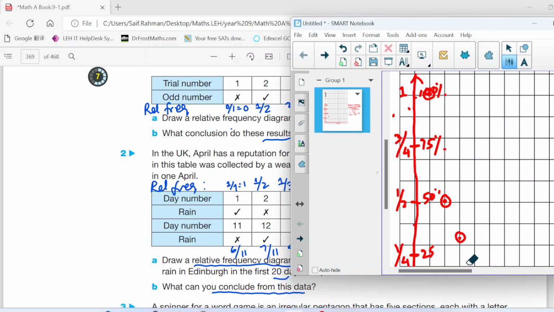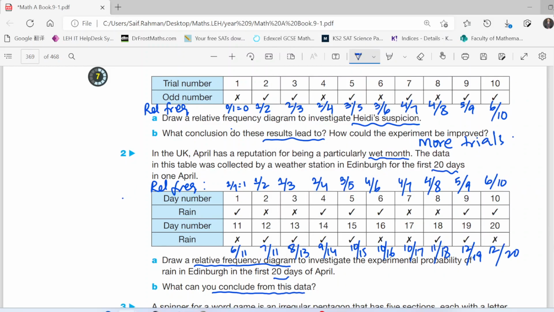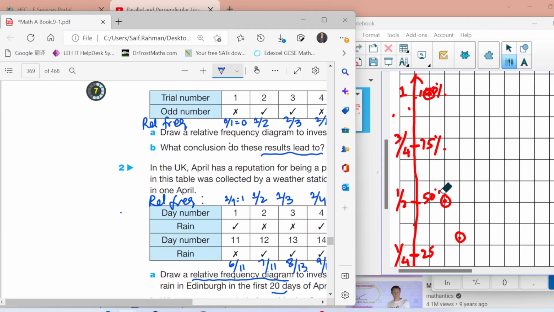Okay, and the next one, the fourth experiment, was 2 out of 4. 2 out of 4 is 1 by 2, that's again 50%.